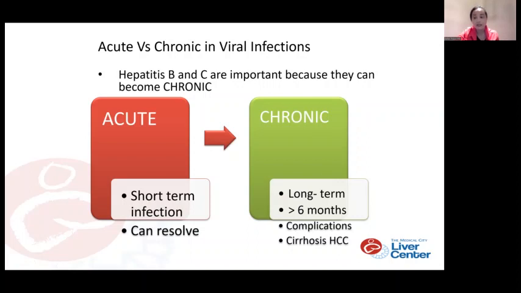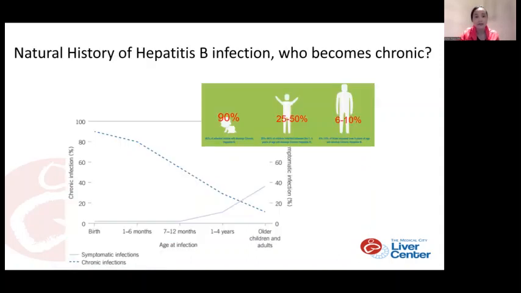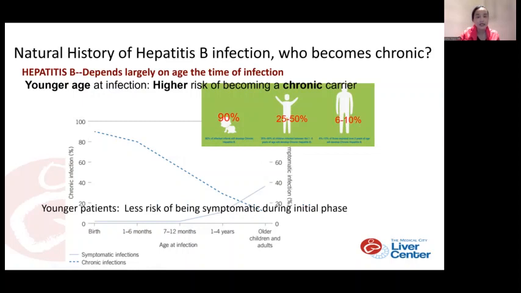These complications include liver cirrhosis and liver cancer, which we see more often actually in HIV. In terms of the natural history of hepatitis B infection, after an individual becomes infected, who becomes chronic? That actually depends largely on the age at the time of infection. When you're infected at a younger age, there's a higher risk of becoming a chronic carrier.